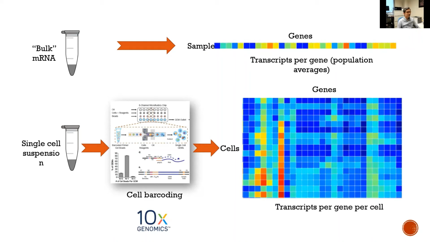In traditional bulk RNA-seq, you get per sample just one expression value for each gene, so there's no way you can compute the variability of the gene across samples.